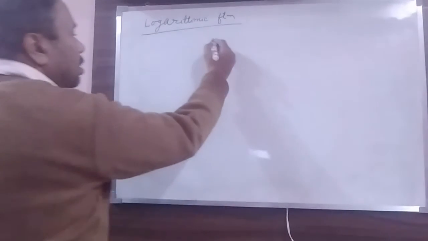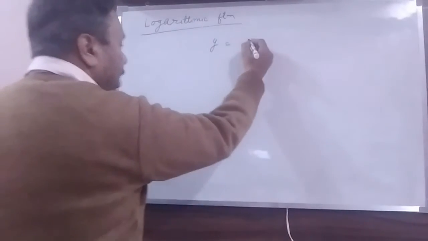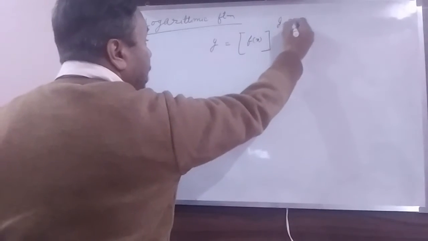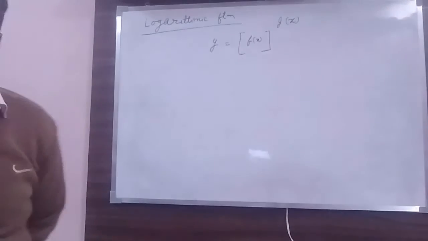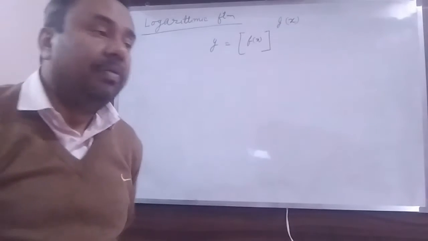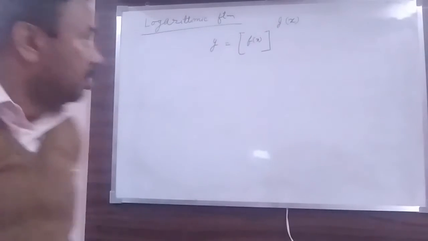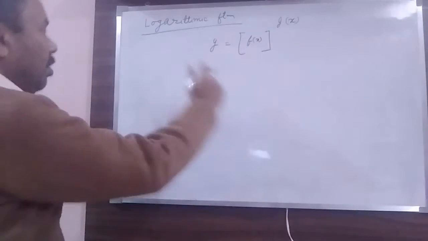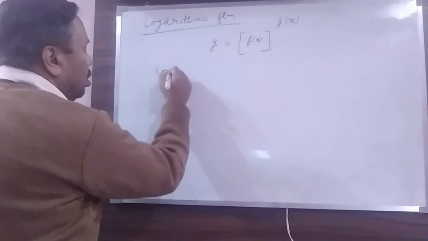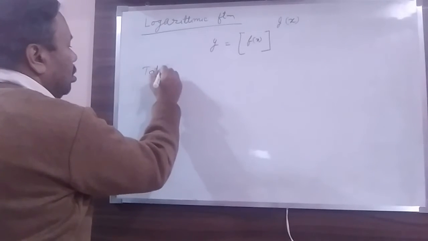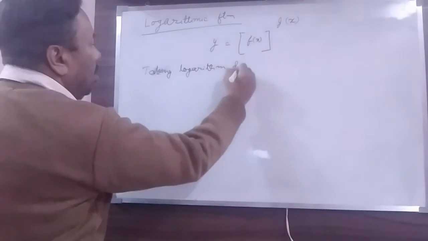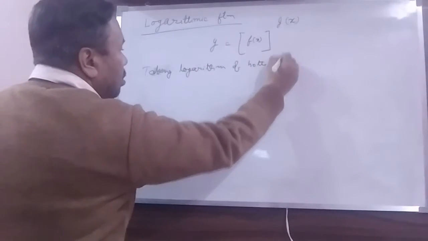Now suppose that y is expressed as f(x), and this f(x) is raised to the power of another function, that is g(x). Now how will we do it? When I take the logarithm of both sides to base e, what do I get?